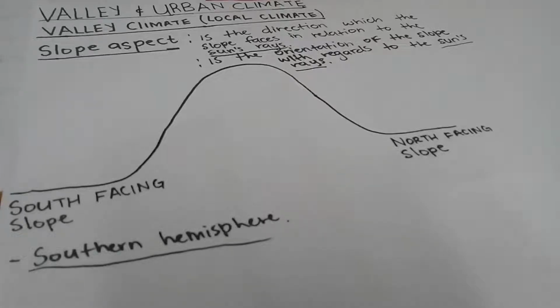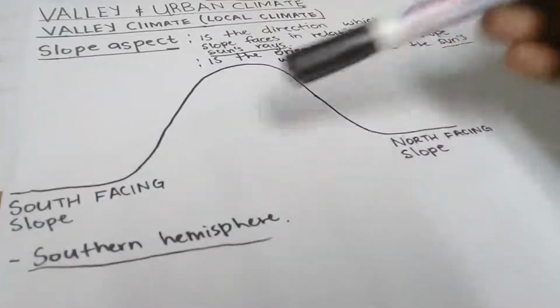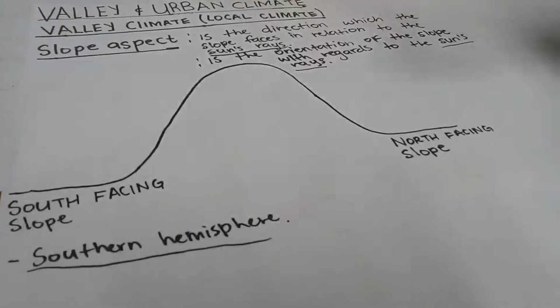If we're talking about the southern hemisphere in terms of slope aspect, we're going to regard which slope is going to receive more sun's rays during the day.